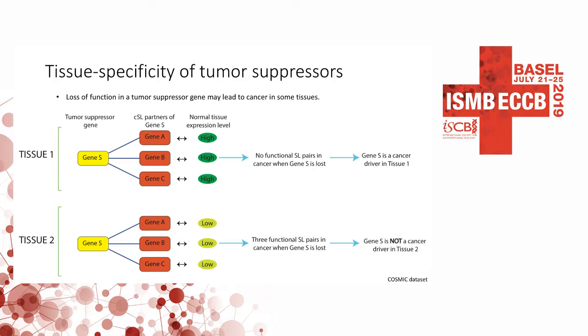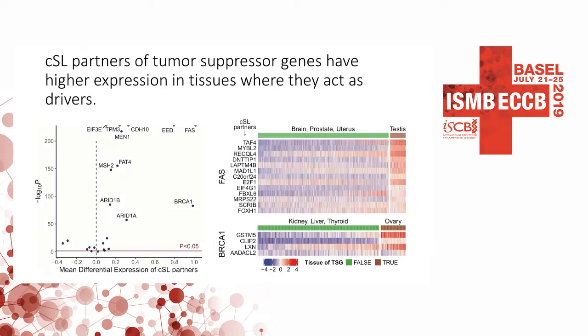So we get data from the COSMIC data set. We can collect all the tumor suppressor genes and which tissues they drive and which they don't. So we collect data and identify synthetic lethal partners for each tumor suppressor gene. We are not able to do that for all genes.